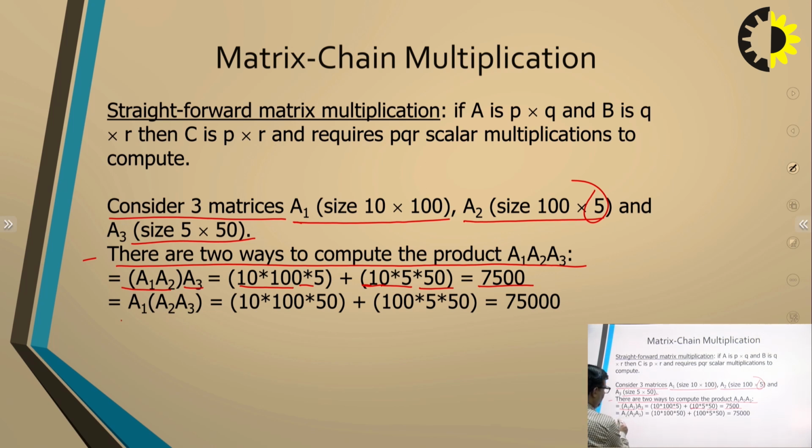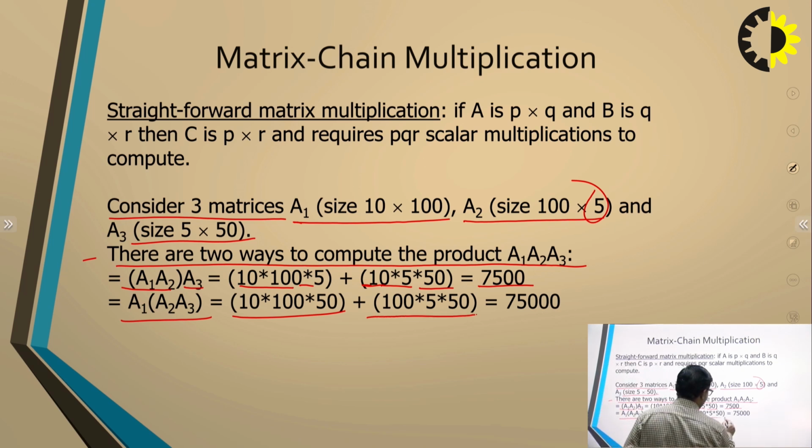Again, A1 (A2 A3): 100 by 10 by 50 plus 10 by 100 by 50, which gives 75,000. Then what is the optimal solution? This is the optimal solution.